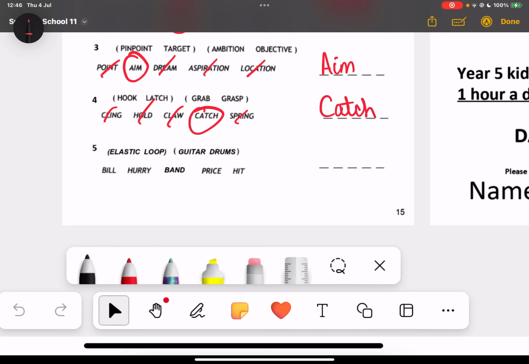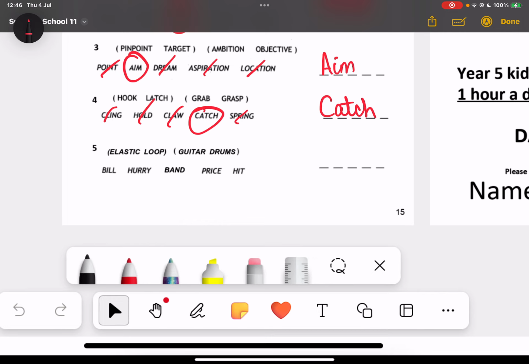And then we have 5. With 5 we have elastic and loop, which are both like bands, and then guitar and drums. Okay, elastic and loop don't go very well with the other options. Okay, now I'm just slowly thinking.